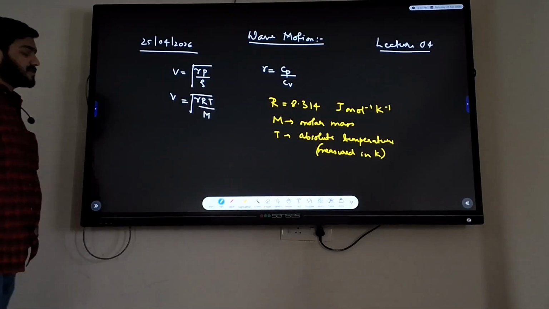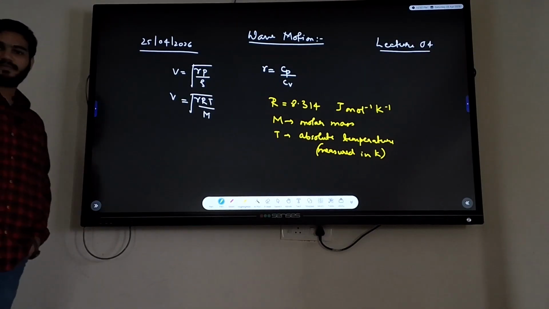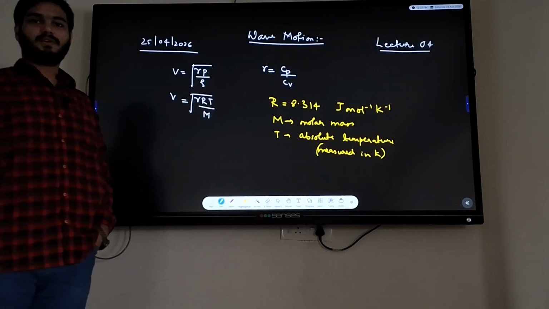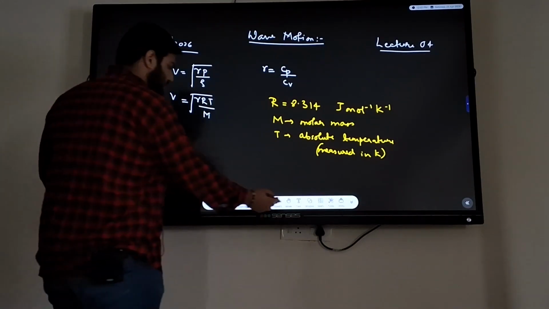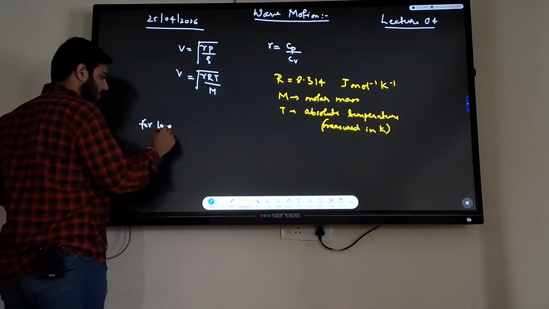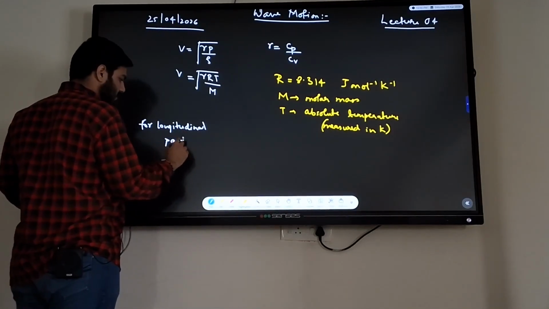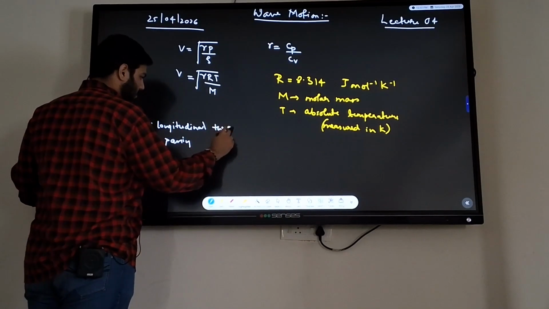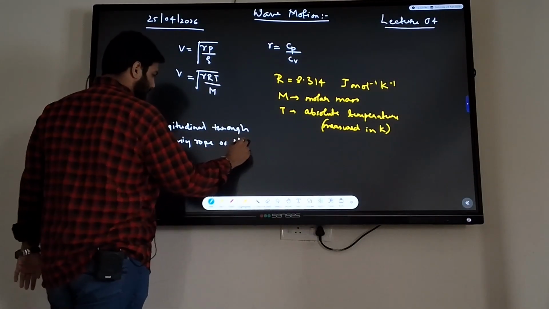Good. So I talked about these formulas, and then I also talked about V is equal to under root Y by rho. Where what was Y? Young's modulus, right? And that was for a longitudinal wave passing through a rope or spring.